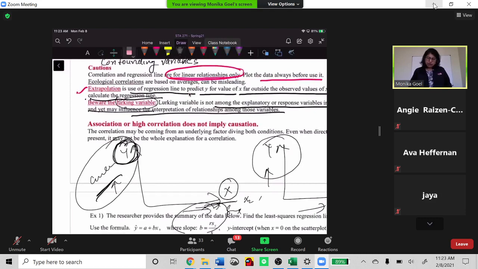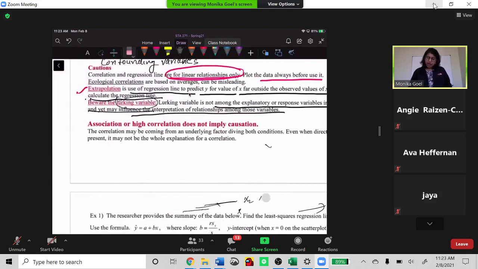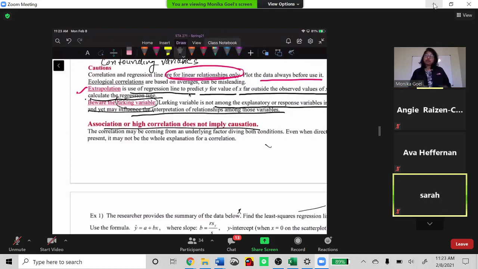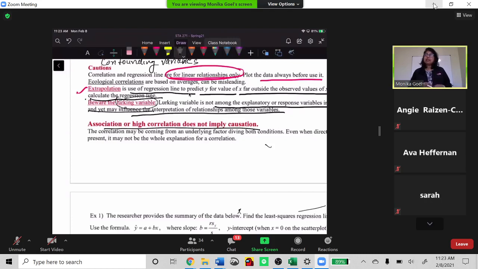Association, and this part is really important. Association or high correlation does not imply causation. So we are saying that there is an association or a high correlation, the value of R is as close as possible to 1 or -1. But that does not say that there is a cause and effect relationship going on.